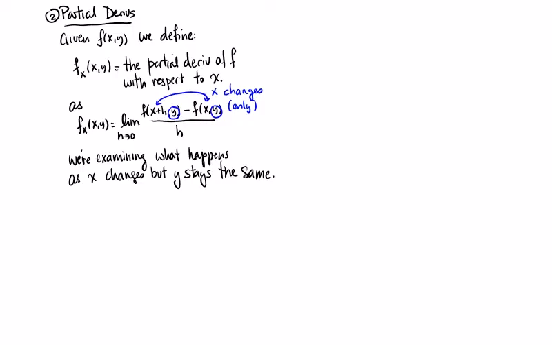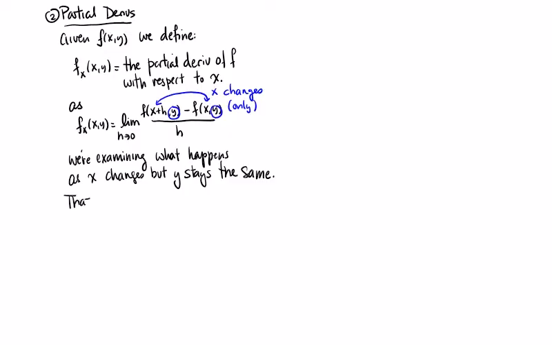Now, this is not a deep theoretical calculus course, so we don't need to go back to this definition. Instead, we can think about what this is actually saying, right? So this is like saying, what's the derivative, but treat x like the variable and y like it's a constant, right?